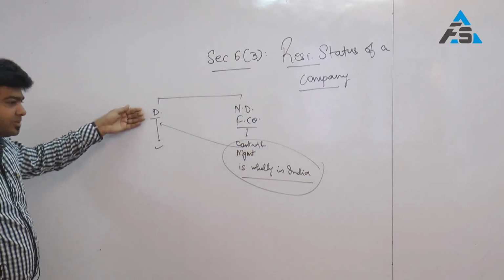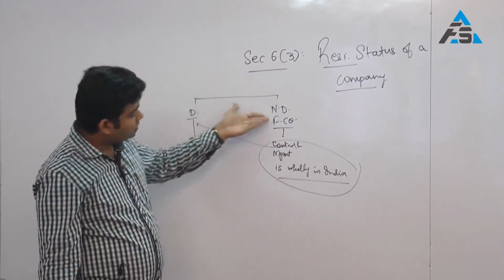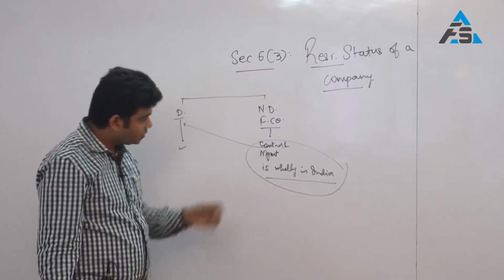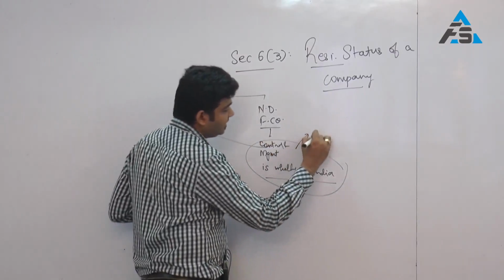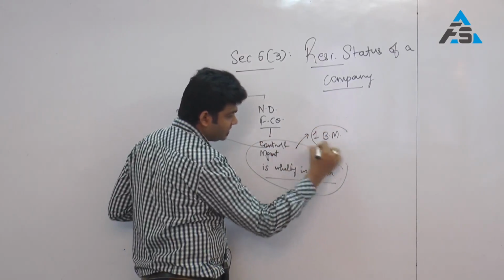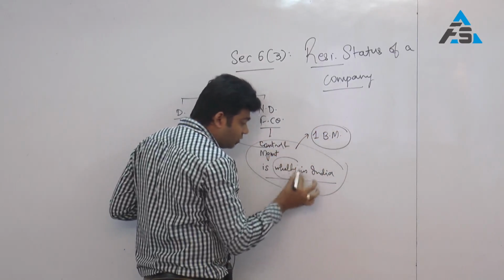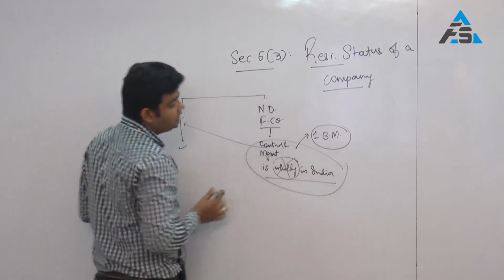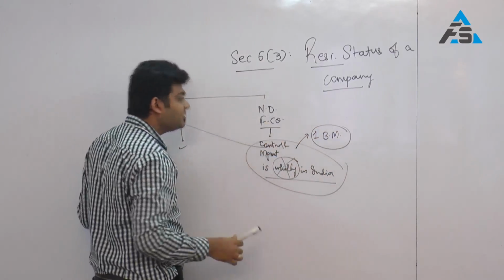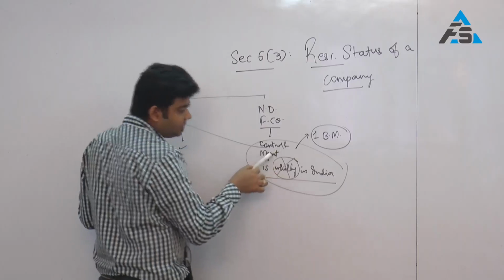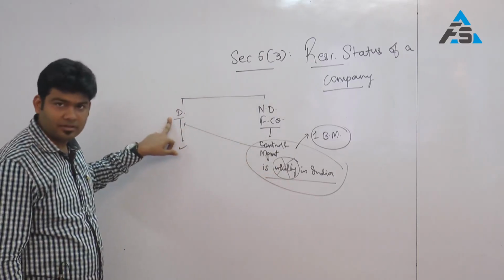Obviously a domestic company is chargeable to a lot more incomes than a non-domestic company. So what these companies used to do is just hold one board meeting outside India and say that the control and management is not wholly in India. If it is not wholly in India, then it will remain a foreign company, even though control and management effectively 90 to 95% is still in India, right?